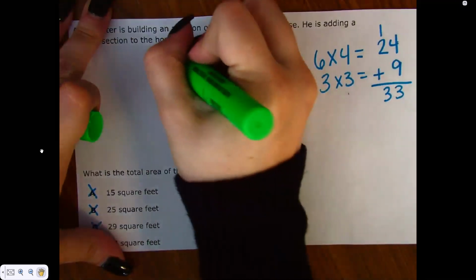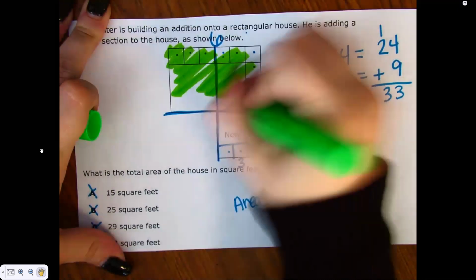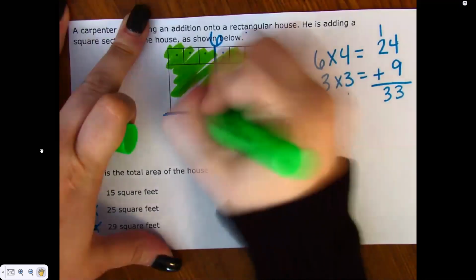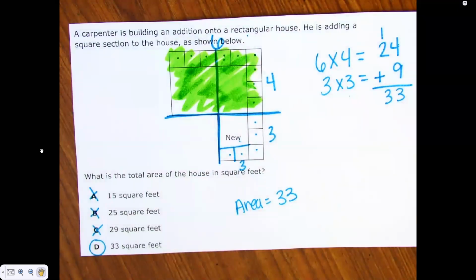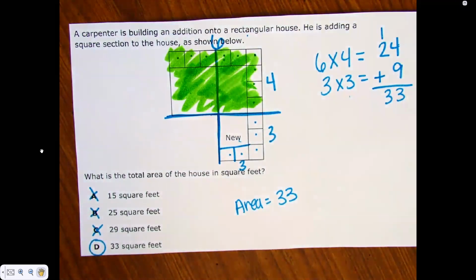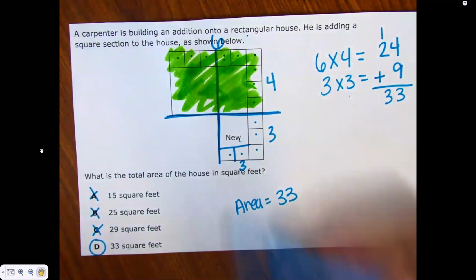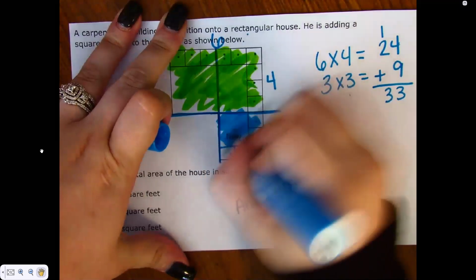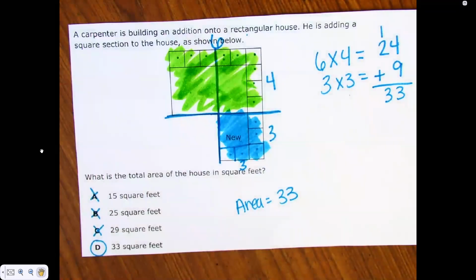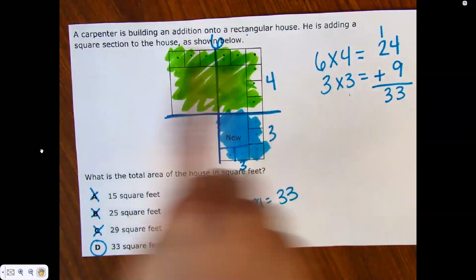This is square 1. I multiplied square 1 together. Then I multiplied square 2 together. Then I added them together to create this one shape.